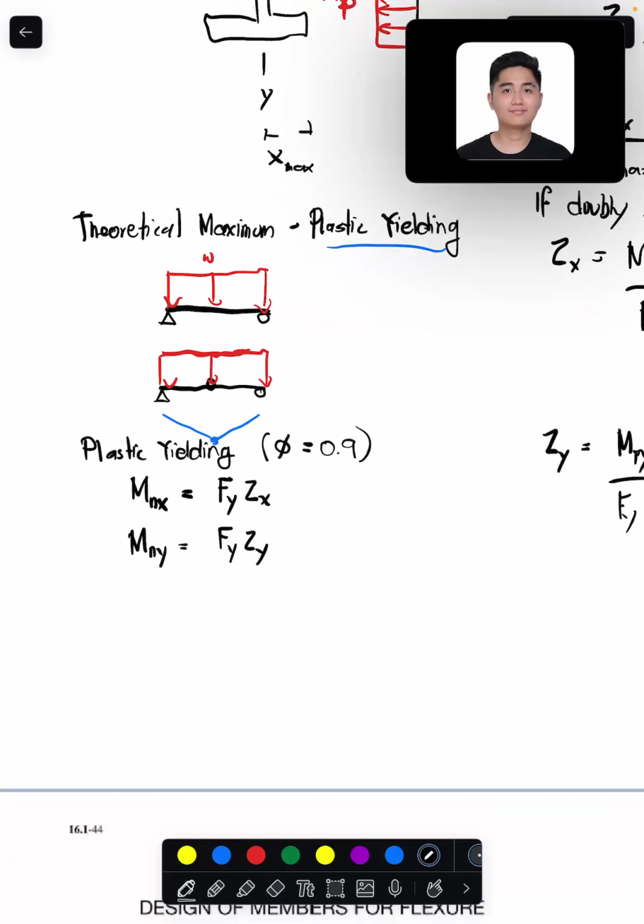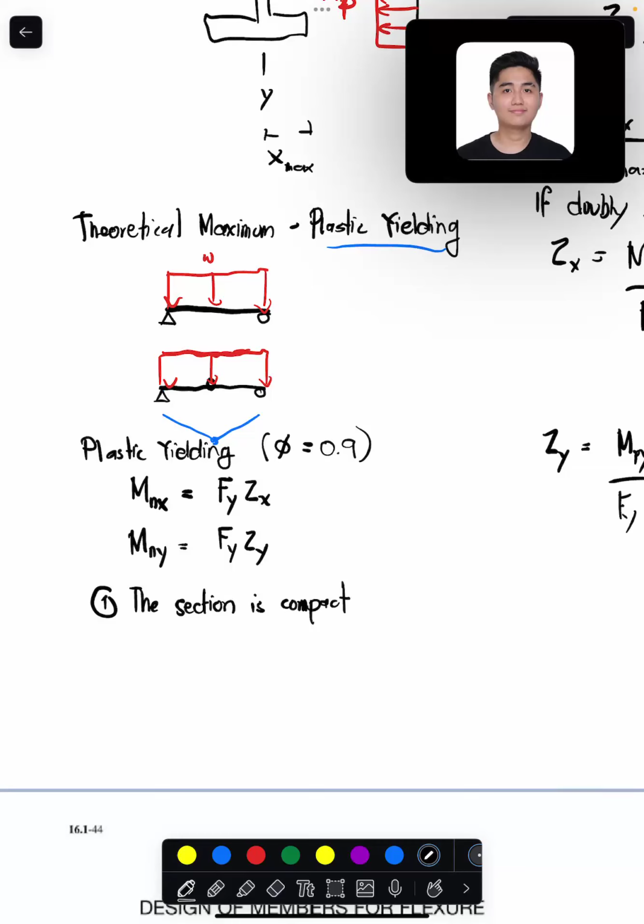Then, for example, you have certain examples where, considering this, what can the beam carry? Those are the types of problems. So what are the conditions for us to say that plastic yielding will govern? This will govern if, one, the cross-section selected is compact.